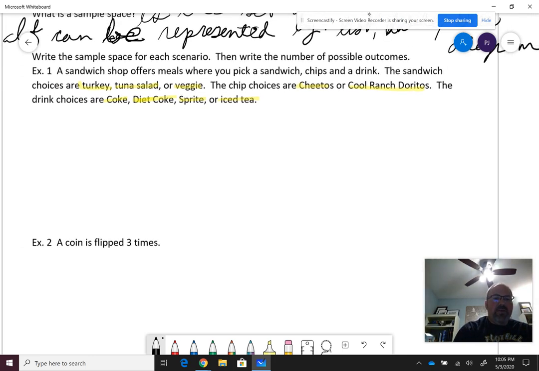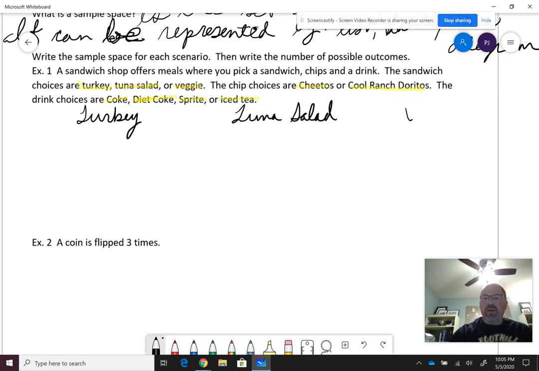Here we go. Let's say that we're going to separate this into turkey, tuna salad, and the last one, veggie. From there, you have your choices of chips.